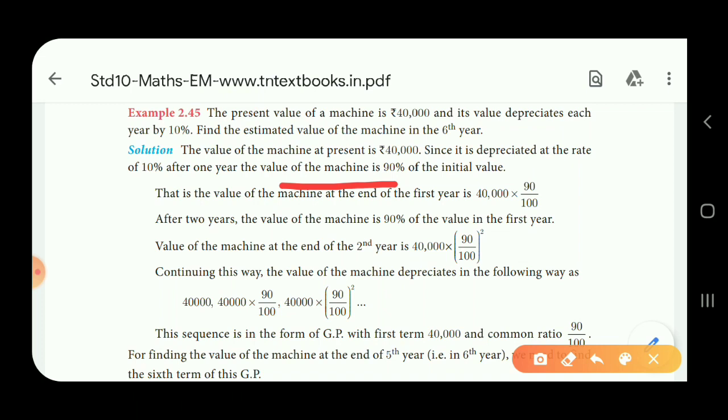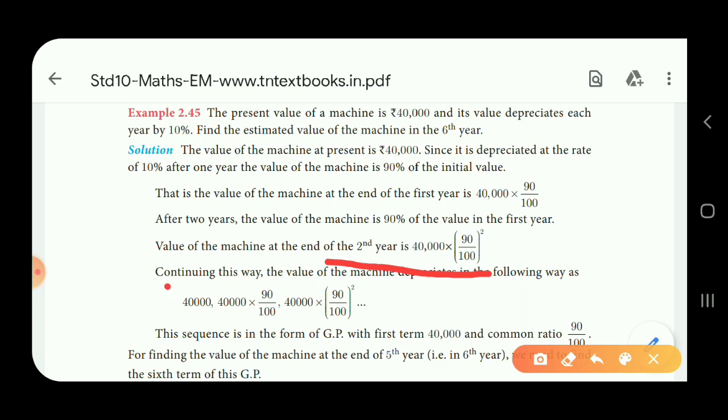So the value of the machine at the end of the first year is 40,000 into 90/100. After 2 years, the value is 90% of the first year's value. So at the end of the second year it is 40,000 into (90/100)², power 2.